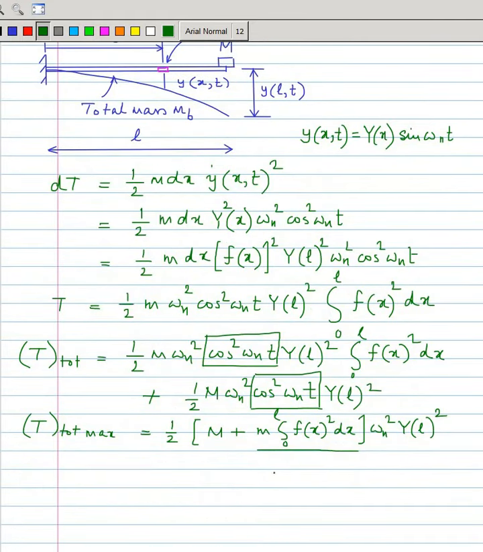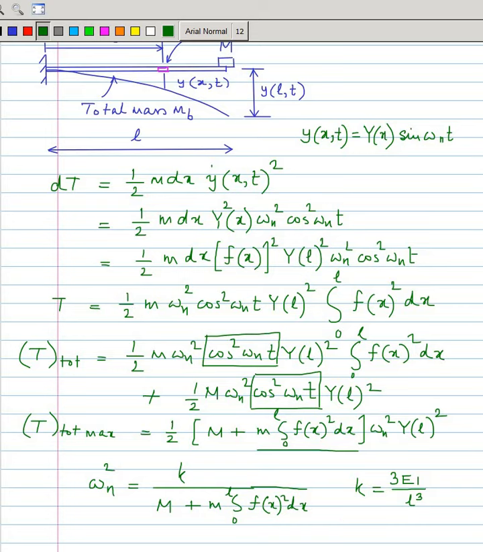This is actually the correction mass, and omega_n square is equal to k by (M plus m_L integral from 0 to L of f(x) square dx), where k is equal to 3EI by L cube.